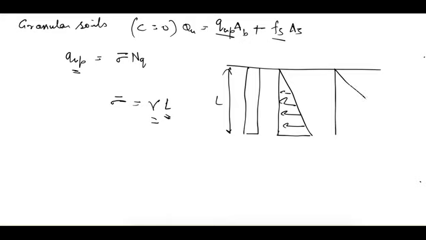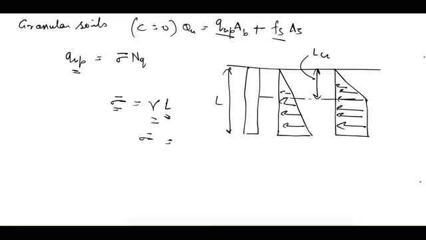The value of sigma only increases up to some extent, and after that it becomes constant, and the depth up to which this value increases is called the critical depth. So up to this critical depth the value of effective stress increases, and after this depth it is just constant. So the value we find, this sigma is equal to gamma into critical depth.